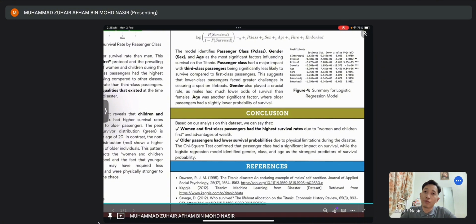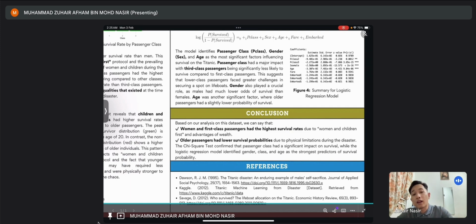So we can say that by applying statistical analysis in R, we gained valuable insights into the factors that influenced survival in the Titanic disaster.